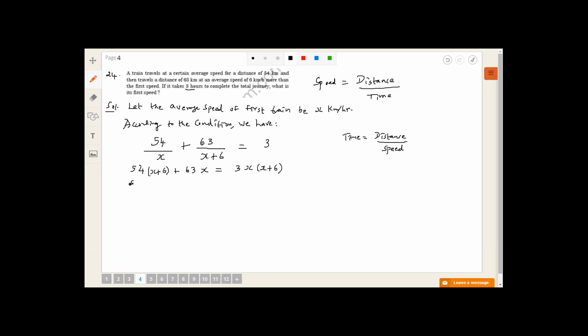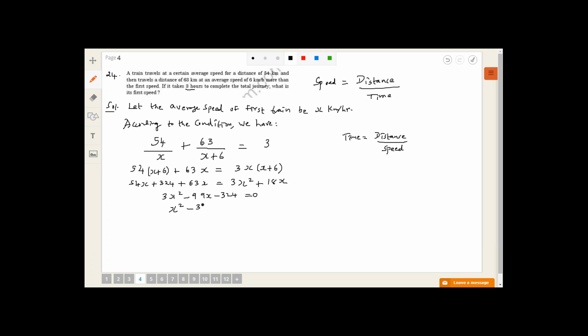So expanding this, we get 54x plus 324 plus 63x is equal to 3x squared plus 18x. So rearranging the equation, we get 3x squared minus 99x minus 324 equal to 0.